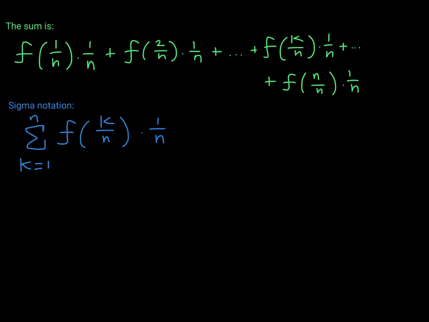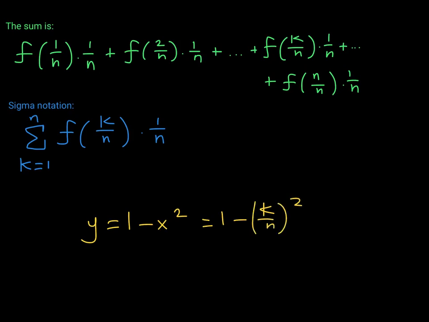Now, remember that our function here is y equals 1 minus x squared. So each one of these right endpoints, when you evaluate f, our function, at k over n, it is 1 minus k over n squared, right, everybody?